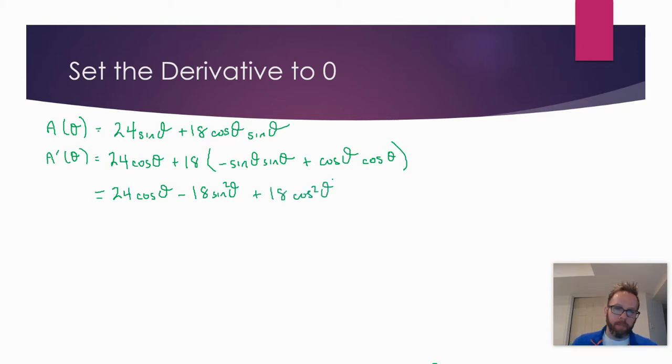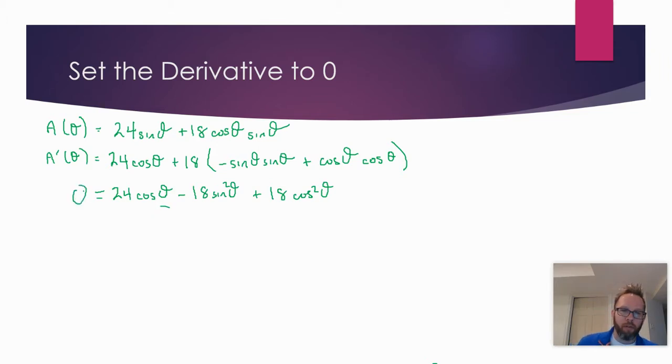At this point, some of you may be saying, well, I have sine squared theta plus cos squared theta, I can just make that one. But you don't exactly. You have cos squared theta and minus sine squared theta. They do not add to one, so we can't simplify that way. So our goal is to set this equal to 0 and solve.